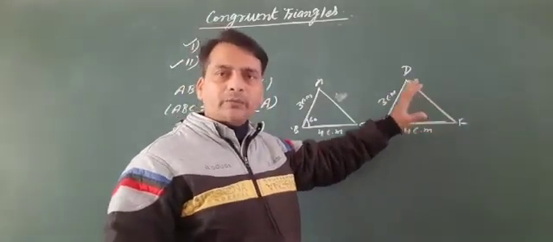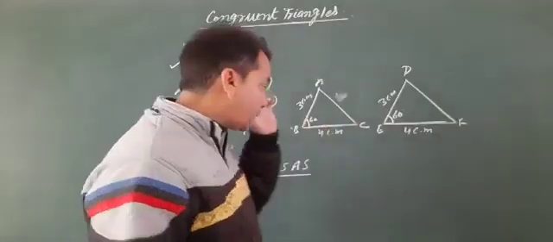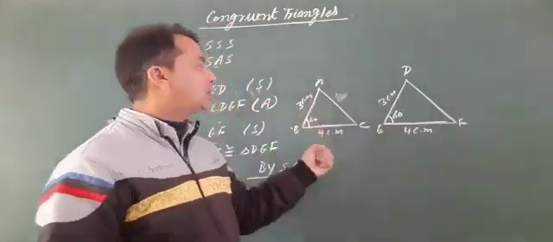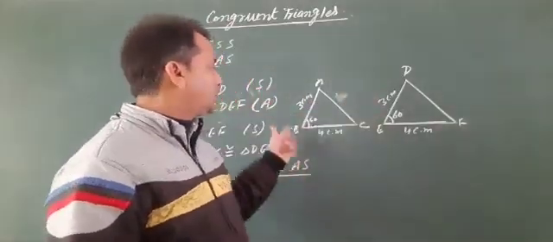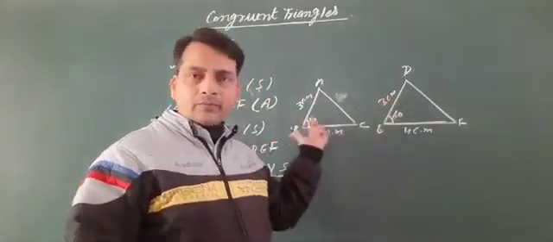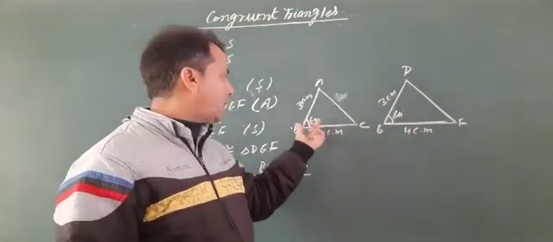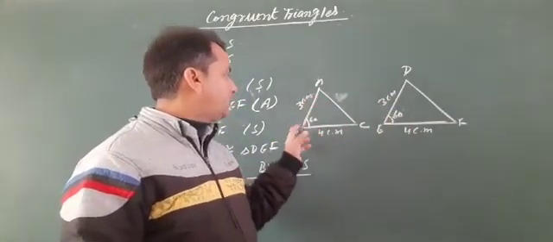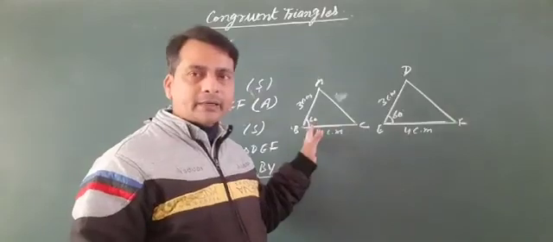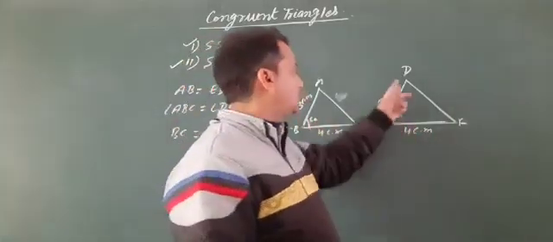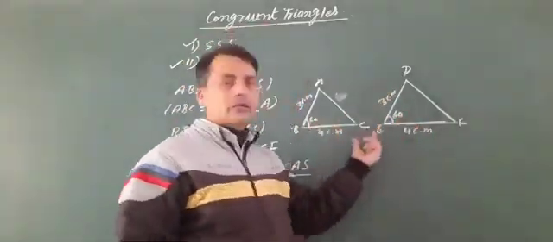So now the comparison between the two triangles: first side, AB equal to DE, because the length of both sides is the same. Now next, angle ABC and the corresponding angle in the other triangle DEF is also equal.